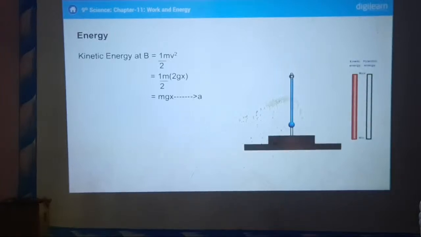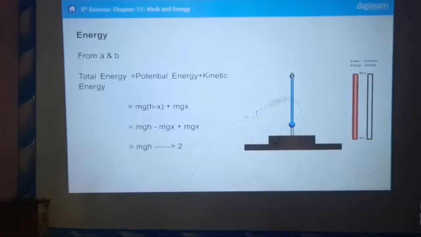Kinetic energy at B equals half m v squared, which is half m into 2gx equals mgx. Potential energy at B equals mgh equals mg into (h minus x).